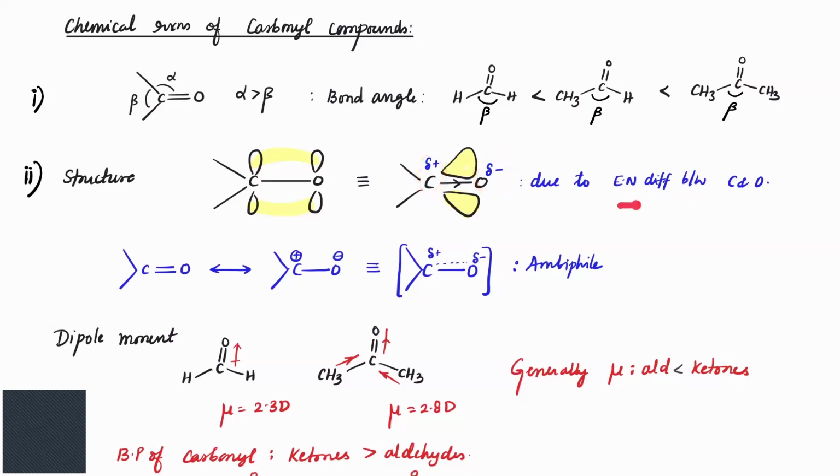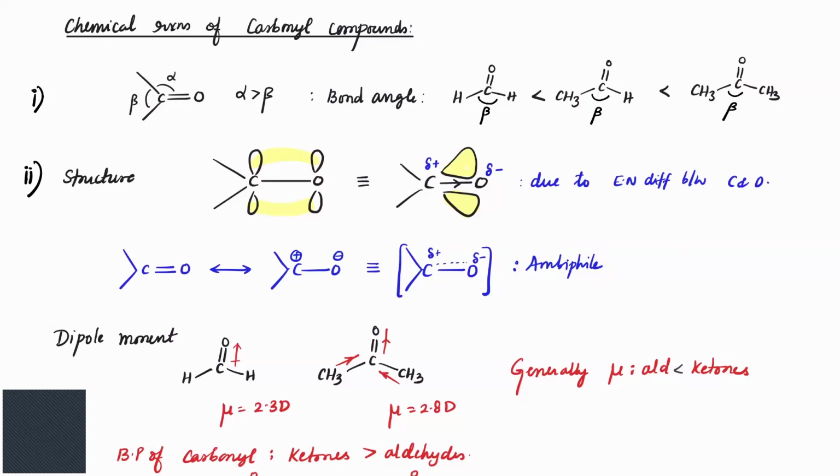So due to this electronegativity difference, you will have high polarity between carbon and oxygen. Correct? So much so that we use the word amphiphile for carbonyl groups. The reason being, this carbon has a partial positive charge and oxygen has a partial negative charge. Which means if an electrophile approaches, oxygen can attack. If a nucleophile approaches, the nucleophile attacks on carbon. So both nucleophilic addition and electrophilic addition are observed. Hence, it is called an amphiphile.